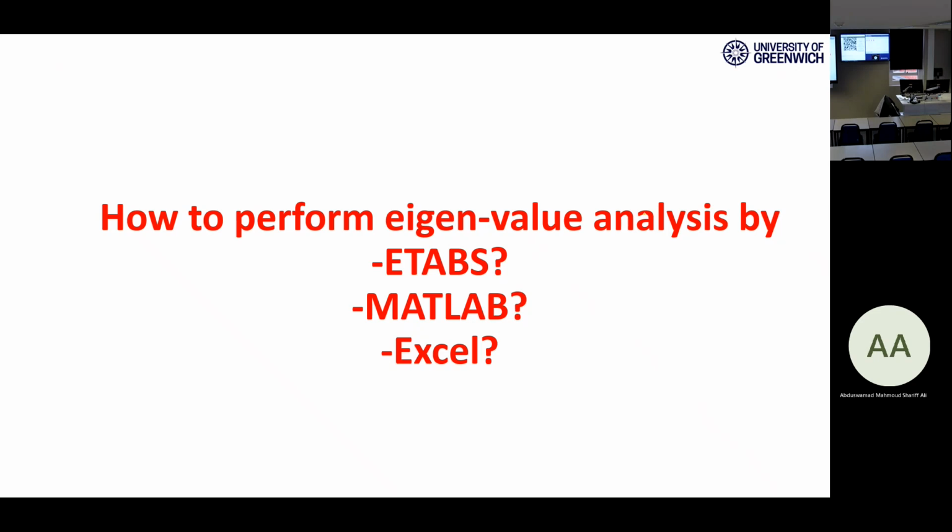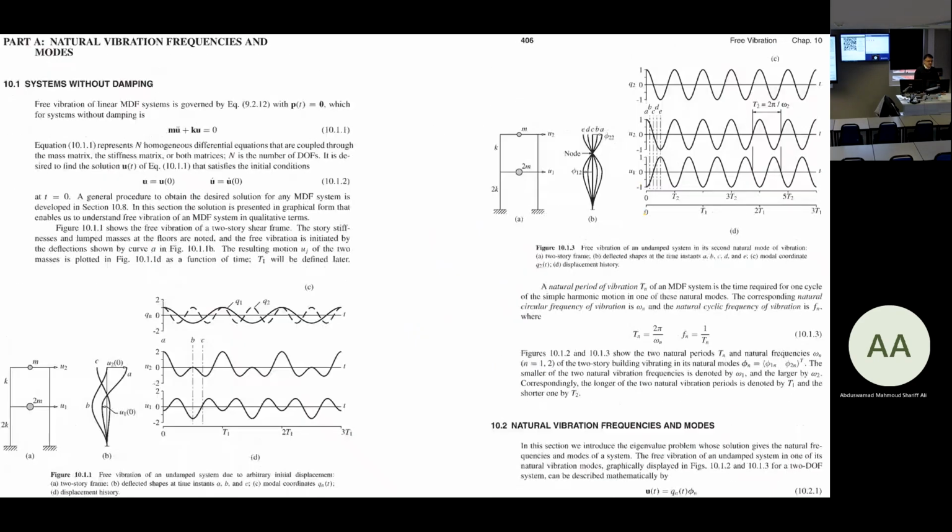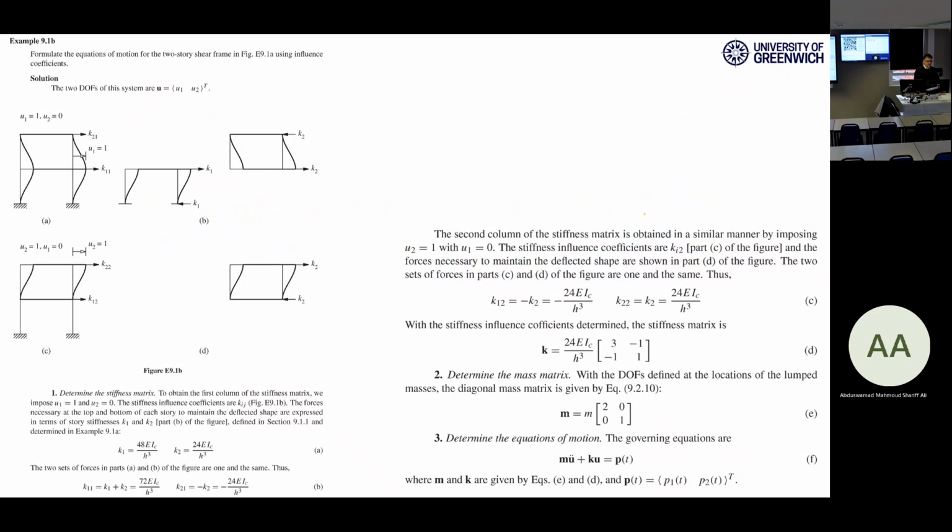Okay, but I just wanted to give you an idea what the problem is. I will leave this discussion for the last session we have at the end of April, how to calculate the whole process of eigenvalue analysis with ETABS, MATLAB, Excel, etc.